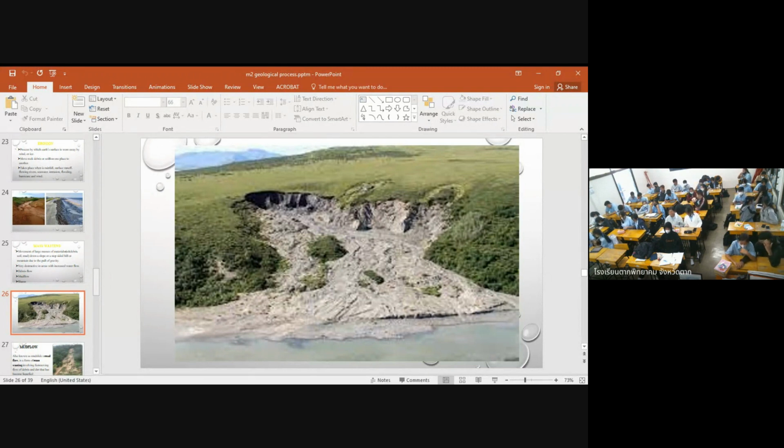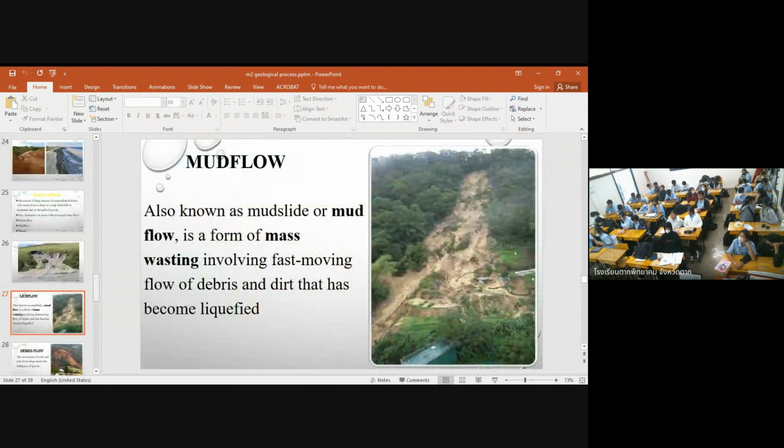So the types of mass wasting. We have the first, the mud flow, also known as mud slide or mud flow.